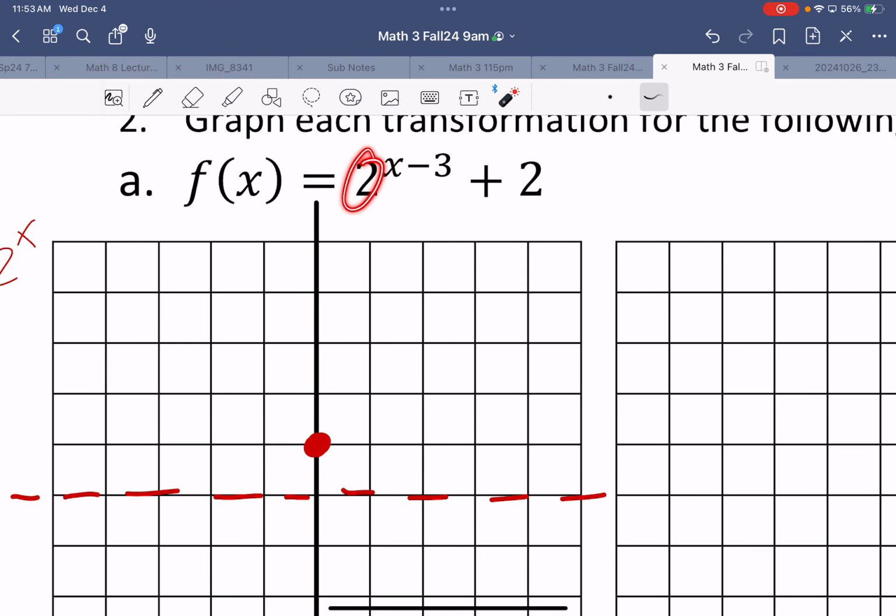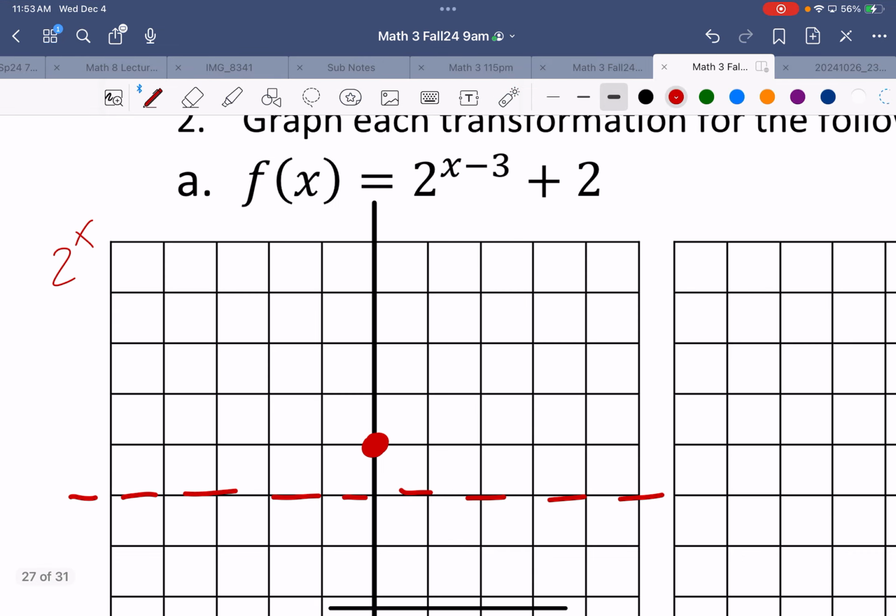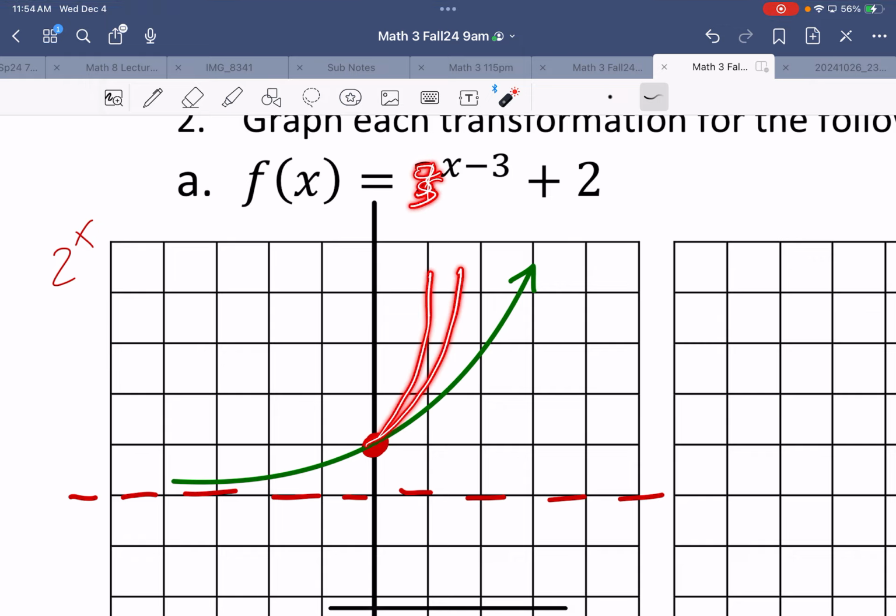But because the base is bigger than 1, I know it's going to go in this direction. And what changes as this gets bigger? 2, 3, 4, 5. It just goes faster. So 2 to the x, 3 to the x, 4 to the x, 5 to the x. That's the only thing that's changing. It just keeps going up quicker.